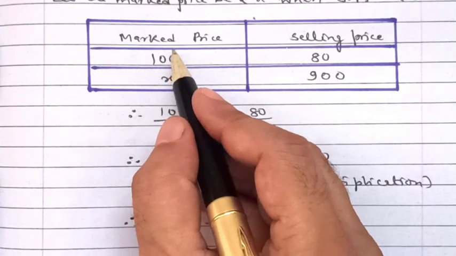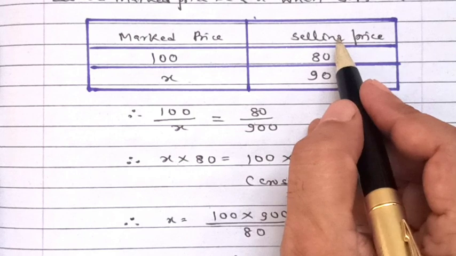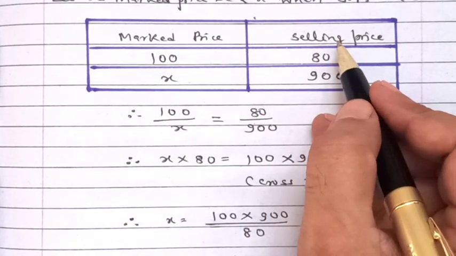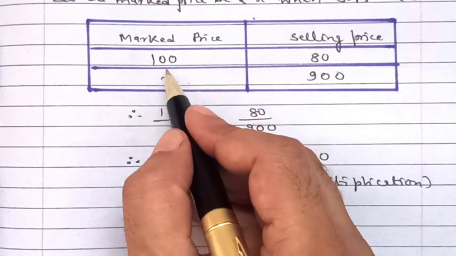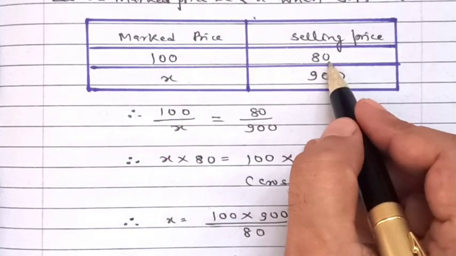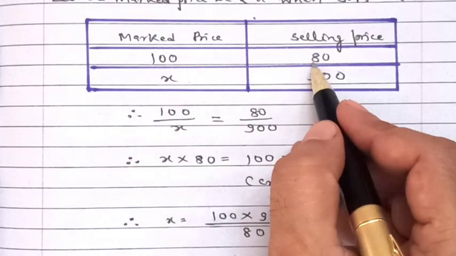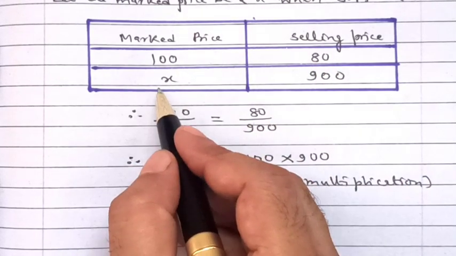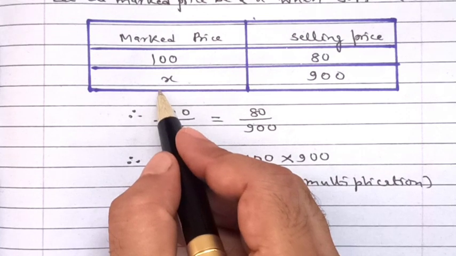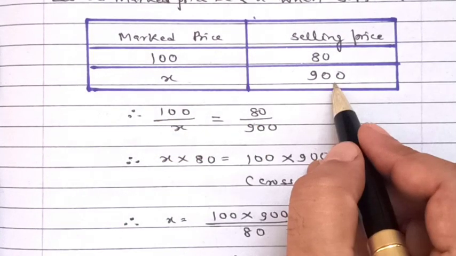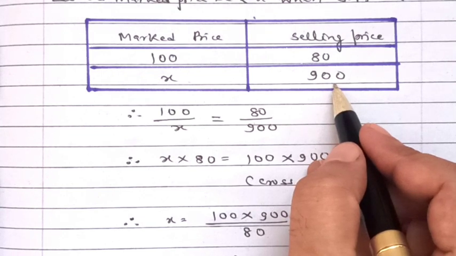As I told you before, we'll be having a table where we'll write mark price and selling price, because these two things are given to us. So write, when mark price is 100, selling price is 80. That means rupees 100 mark price, rupees 80 selling price. Rupees X is mark price, which is assumed mark price, when my selling price is rupees 900.